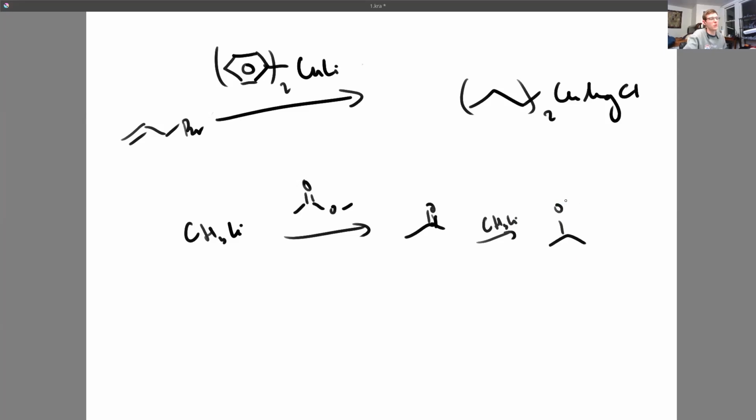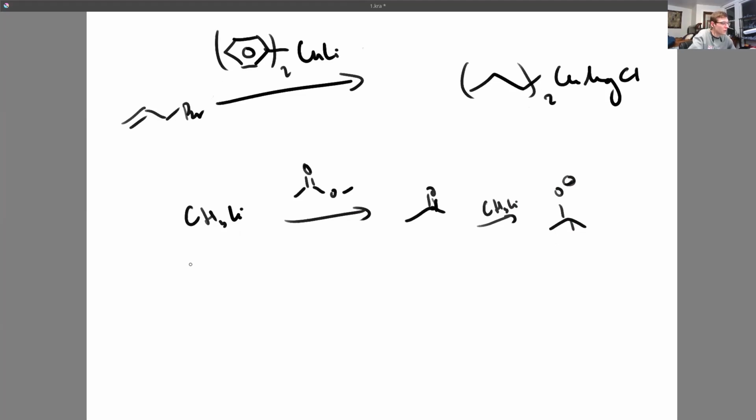I should write O minus, right? So lithiums, and the same for Grignards, they'll just keep going. They'll attack all the things. They won't attack carboxylic acids usually. Those are too bad in terms of reactivity. But things like esters, these will have no problem, right?